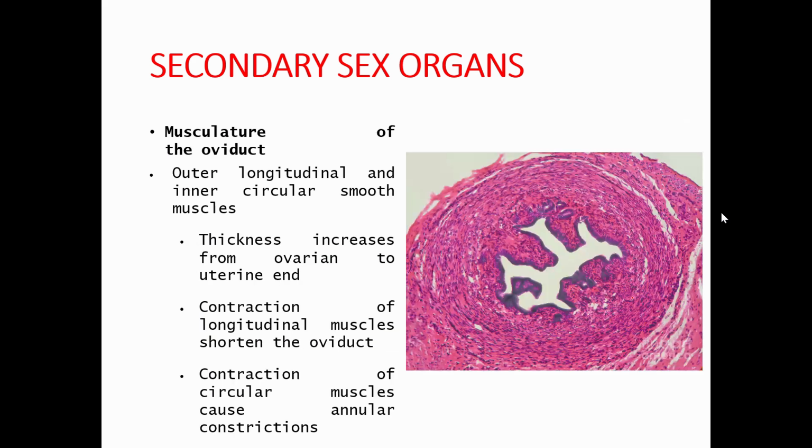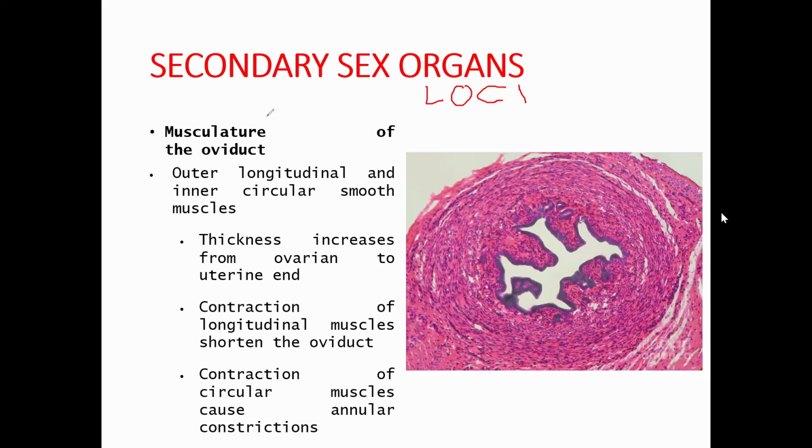Okay. So in terms of musculature of the oviduct, we have different types of muscles present here. Please do remember the LOCI, or the loci, para hindi kayo malito. Okay? LOCI.